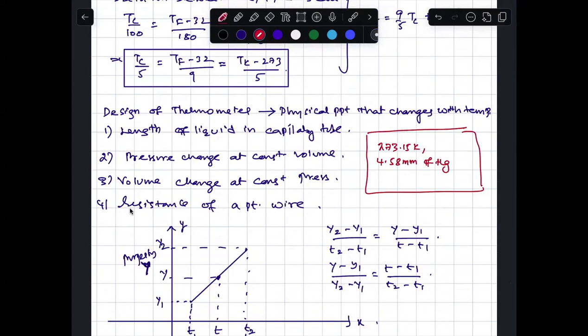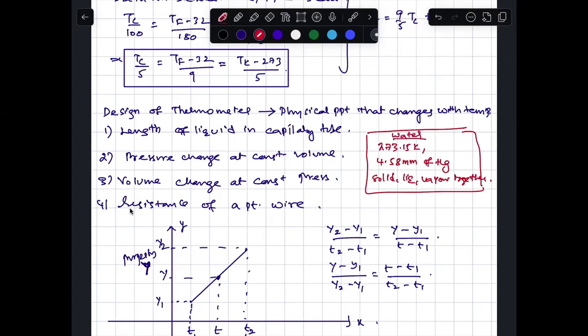Converted into mm, 760 mm of Hg. Compared to 760 mm of Hg, what is 4.5 mm of Hg? Very low pressure. Under such conditions, matter exists in solid, liquid, vapor together. Such a point is called triple point. For water, I have written here.